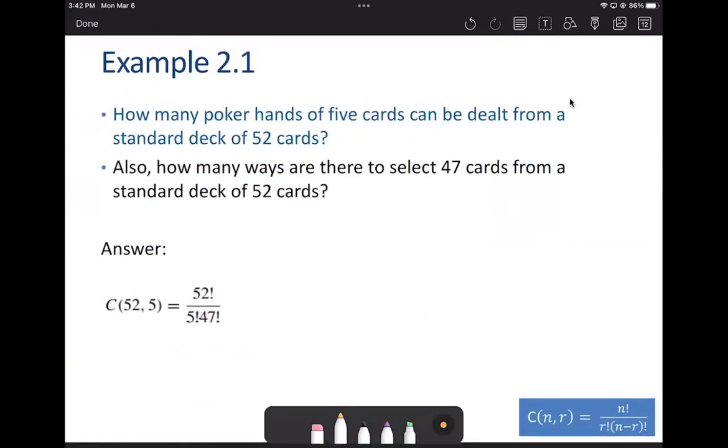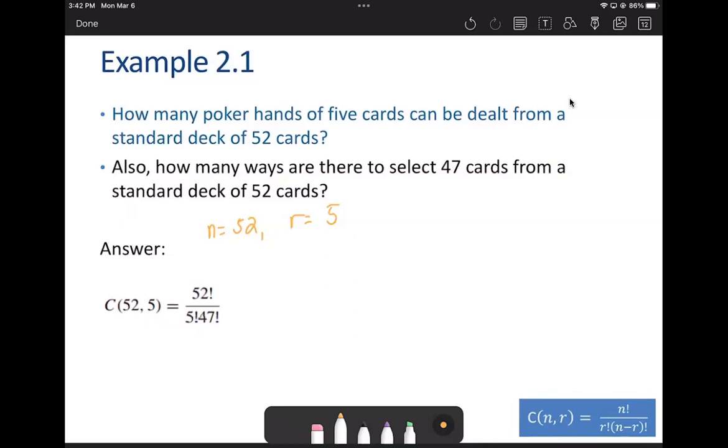How many poker hands of 5 cards can be dealt from a standard deck of 52 cards? So we are going to select 5 cards from 52. Very straightforward. The n here will be equal to 52 and the r will be equal to 5. Correct?